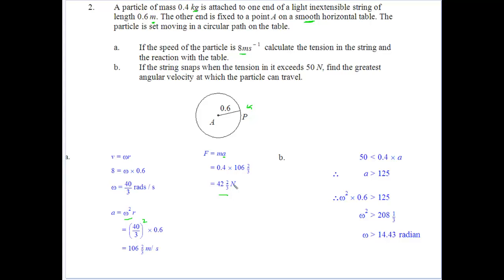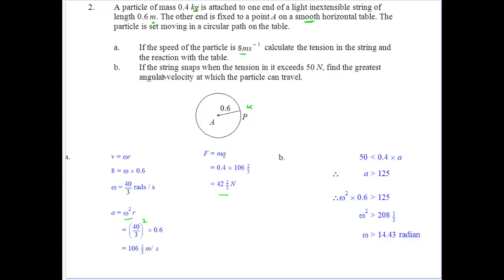That's the actual tension of the string. And remember, a newton is kilograms meters per second squared.